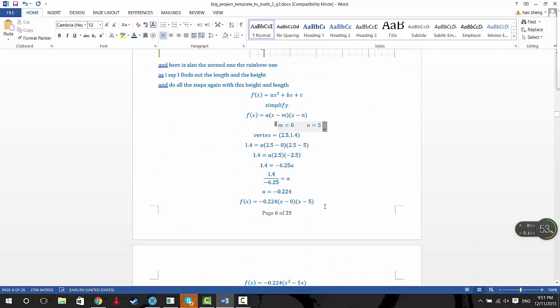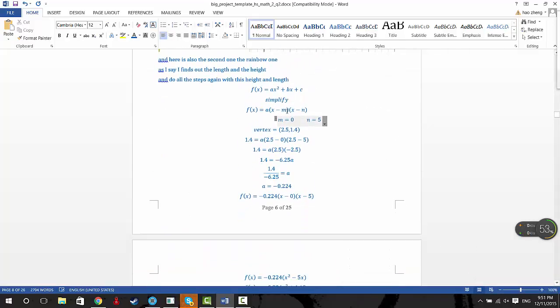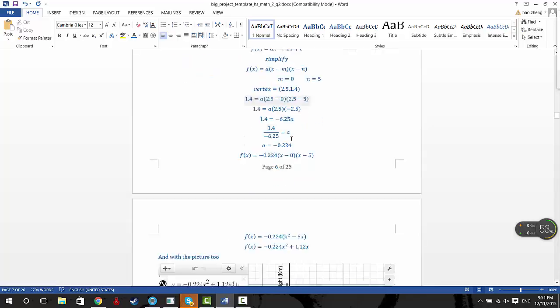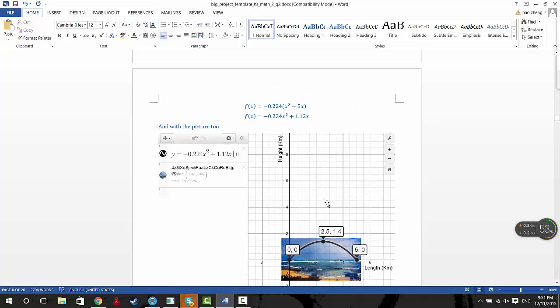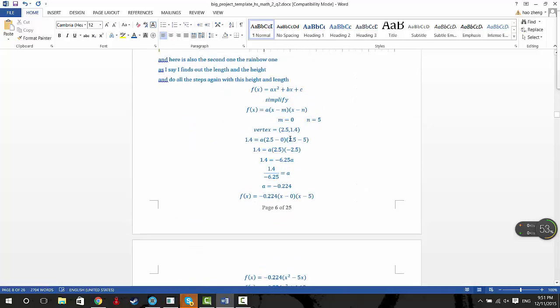And here's the working. So 0 to 5, and the 2.25 is the height, and we find 2.25 by adding the two together and dividing by 2.